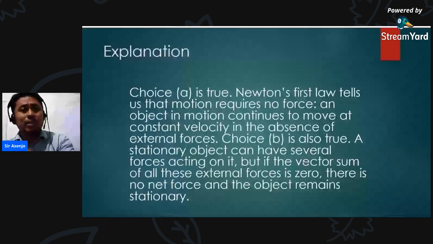Here on Earth, we cannot see that because of gravity. Choice B is also true. A stationary object can have several forces acting on it, but if the vector sum of all these external forces is zero, there is no net force and the object remains stationary.